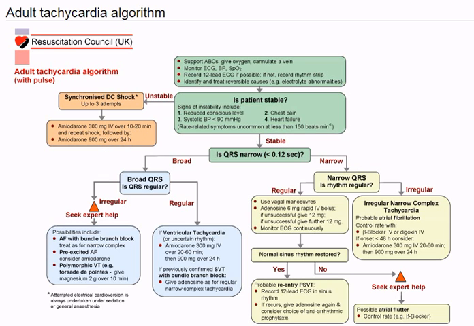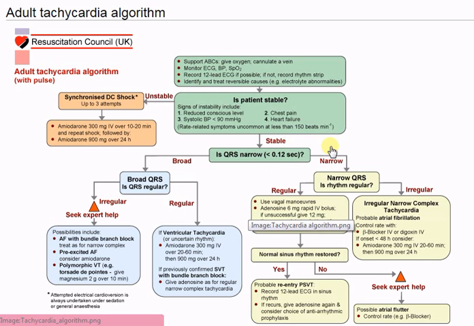But if the patient comes to your emergency department and looks very well, they can talk to you, they can tell you about their symptoms, that's stable.